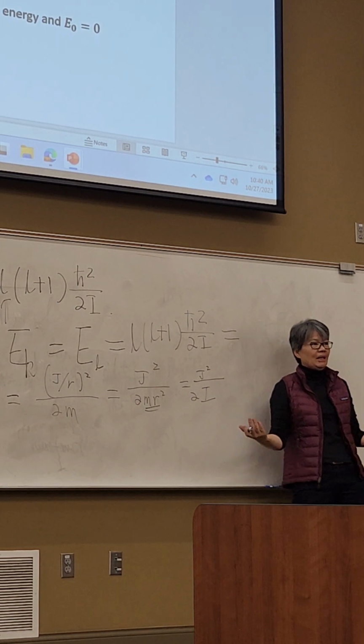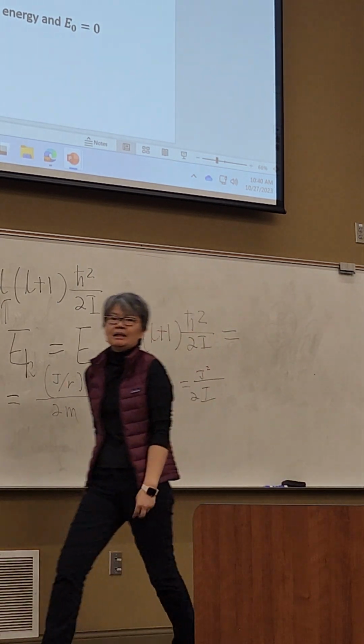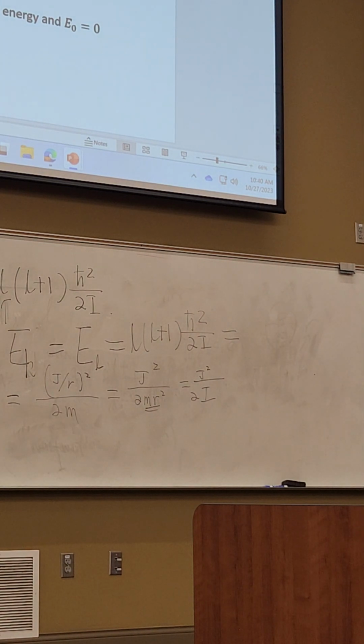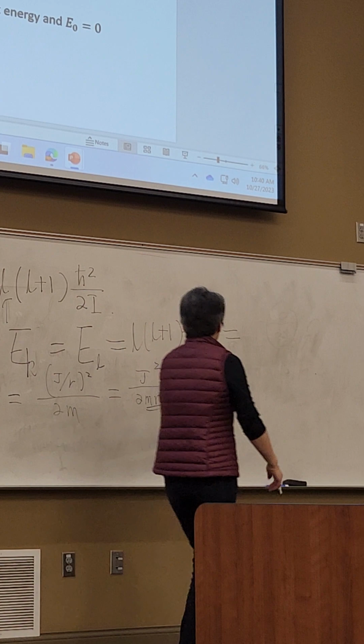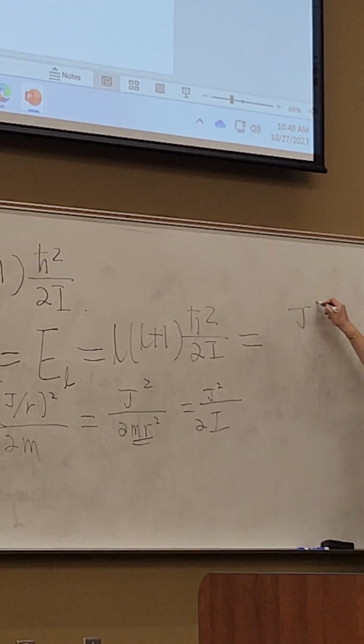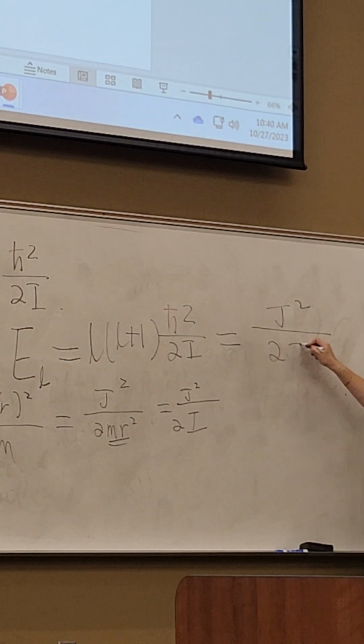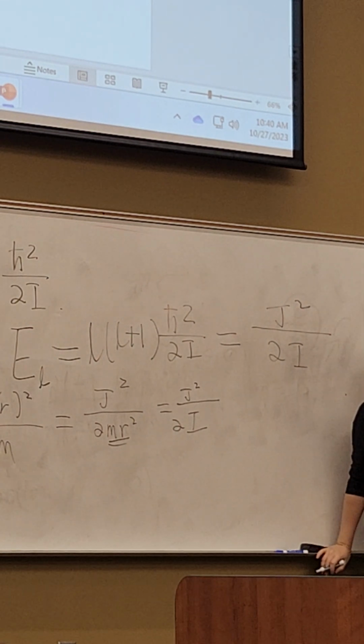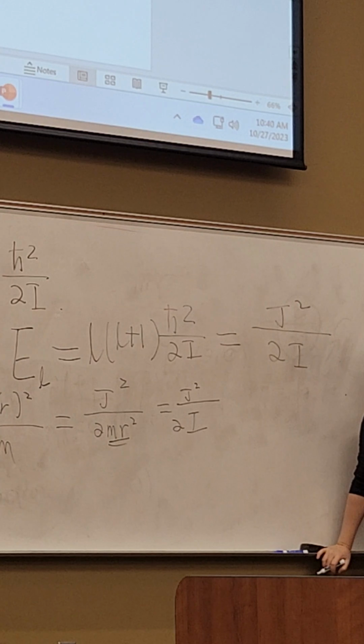You're looking at the same thing. It doesn't matter whether you found it through classical or quantum mechanics, those kinetic energies have to be the same. So that will equal J squared over 2I. Everybody should say yes, that is so correct, right? Is that true?